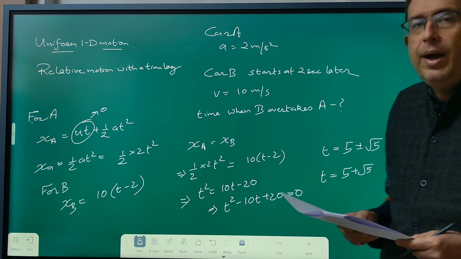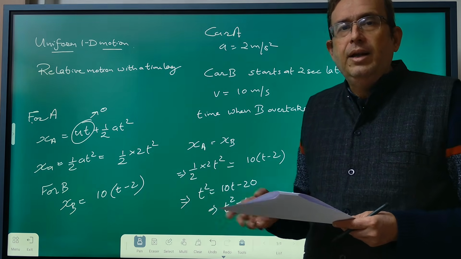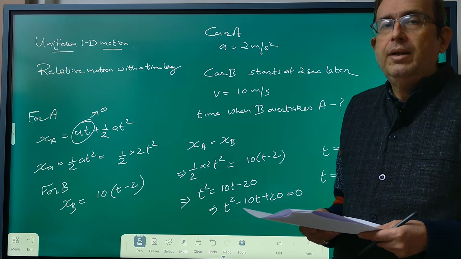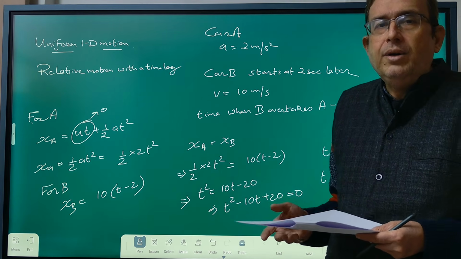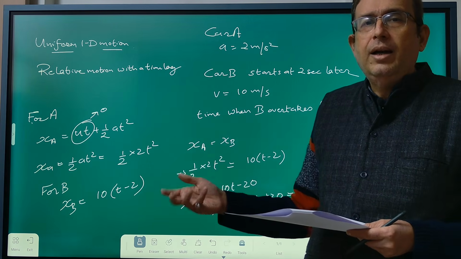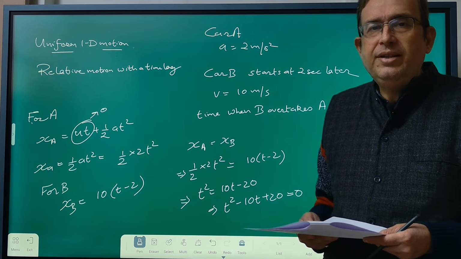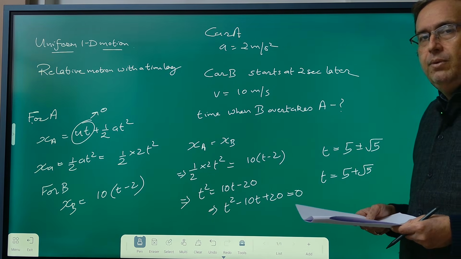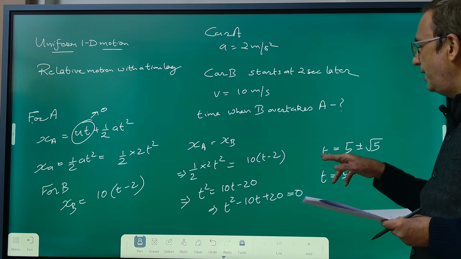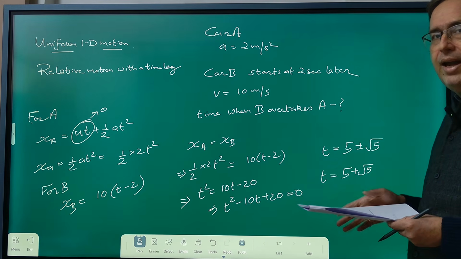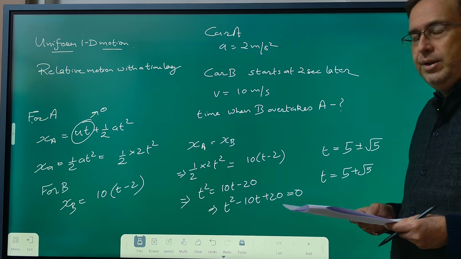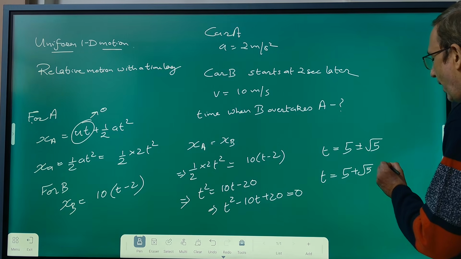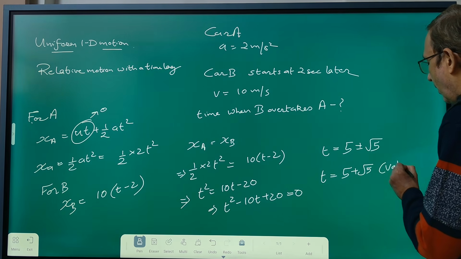If you take the negative one, it will be less than 2, and the time can never be less than 2 seconds, because the second car started after 2 seconds, so it's going to meet the other car at a time later than 2 seconds. So the negative solution, that is t is equal to 5 minus root 5, is not the valid solution. The valid solution is 5 plus root 5.